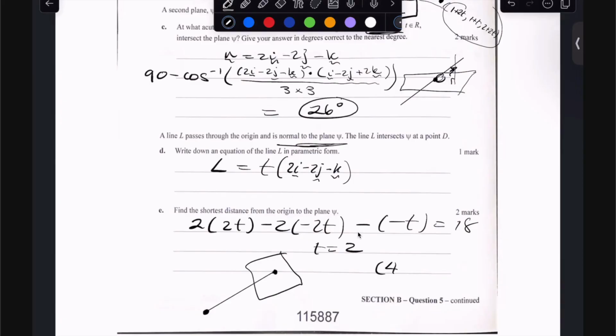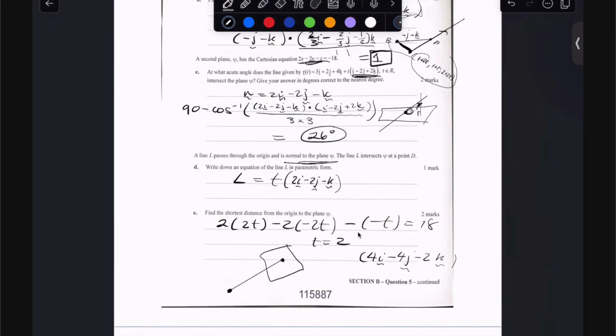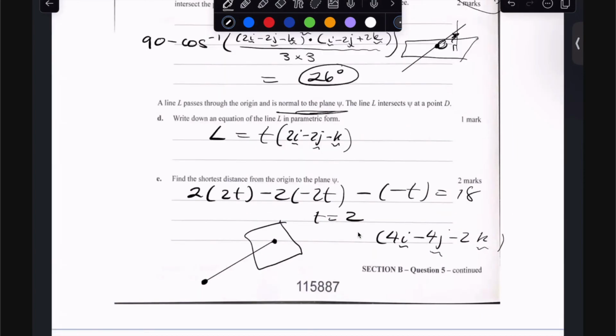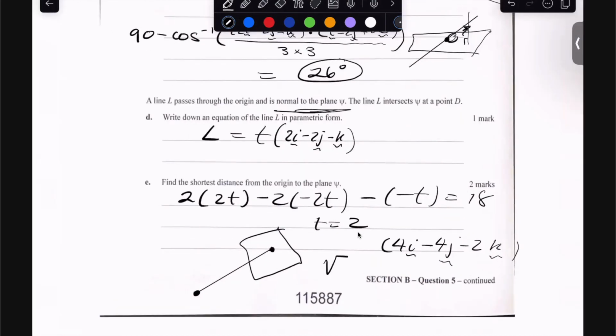So it's 4i minus 4j minus 2k. And then you can just find the magnitude of that. So that's the square root of 16 plus 16 is 32 plus 4 is 36. So it's just 6 units.